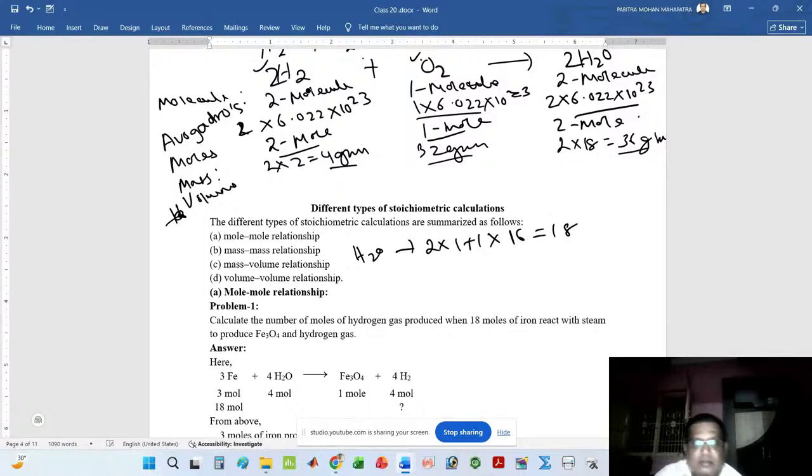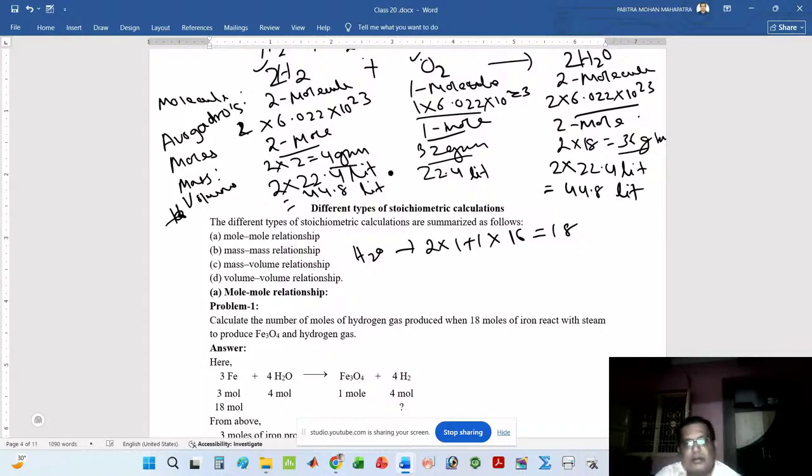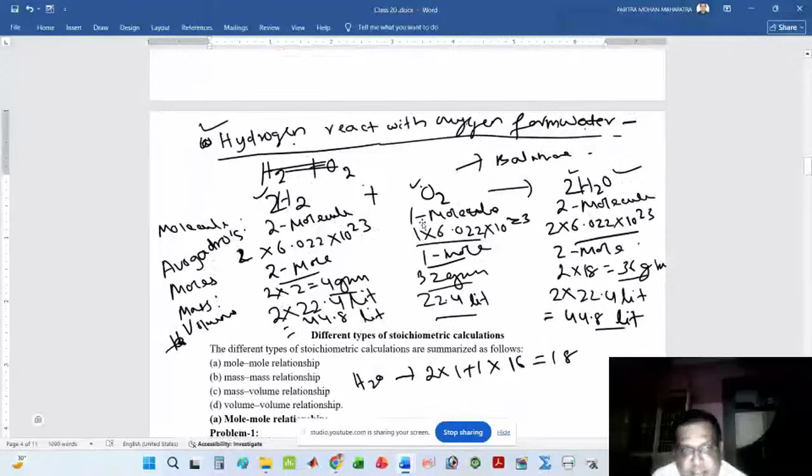Here 2 hydrogen is used, so I can write 2 into 22.4 liter, that is 44.8 liter. Then one oxygen is used, so I can write 22.4 liter. Next, 2 water molecules are formed, so I can write 2 into 22.4 liter, that is 44.8 liter. These relations are said to be stoichiometric relationships.